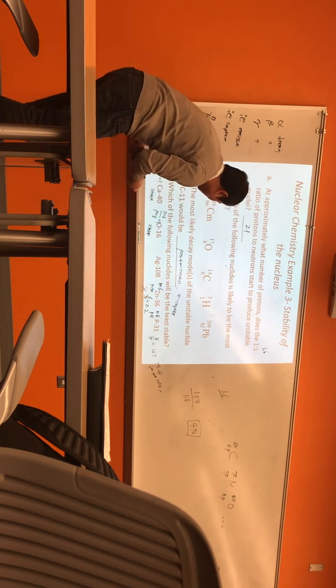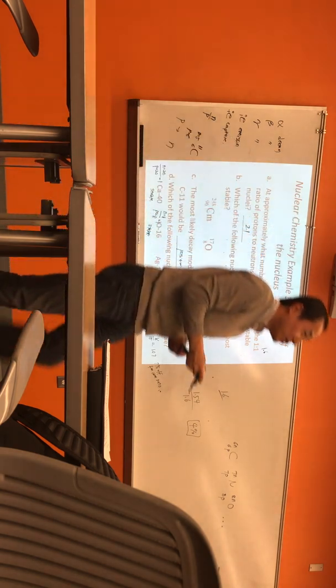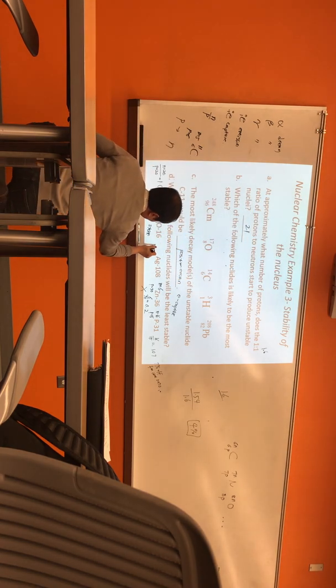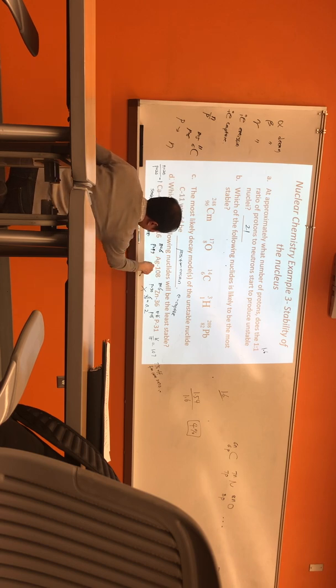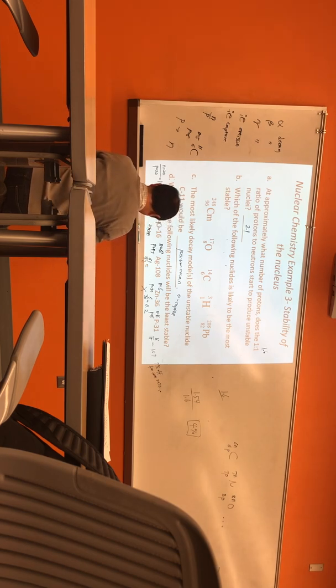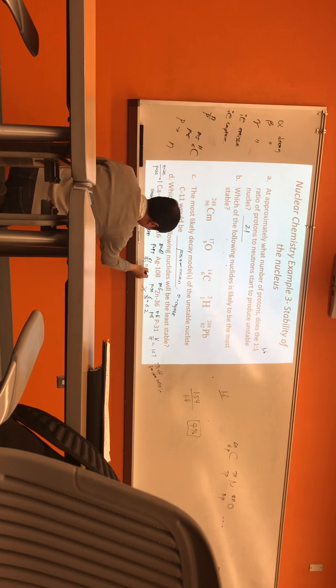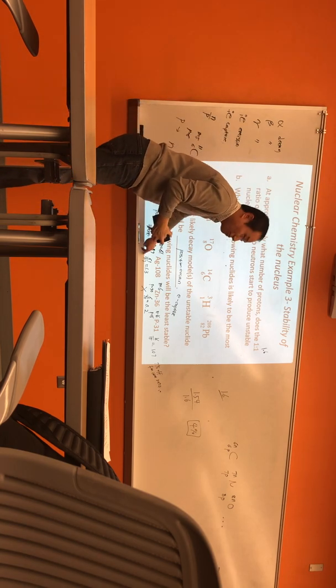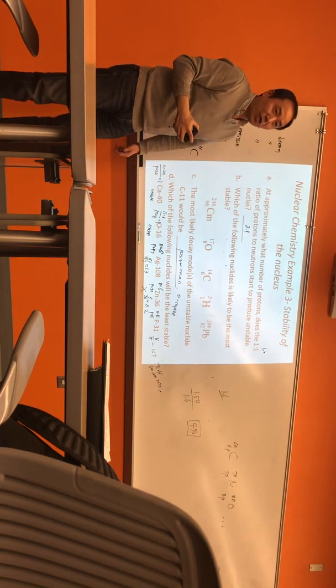So let's see what silver does. Silver's atomic number is 47. Then the number of neutrons is 61. So 61 divided by 47 is about 1.3. But since this is 47, the ratio can be more than 1.